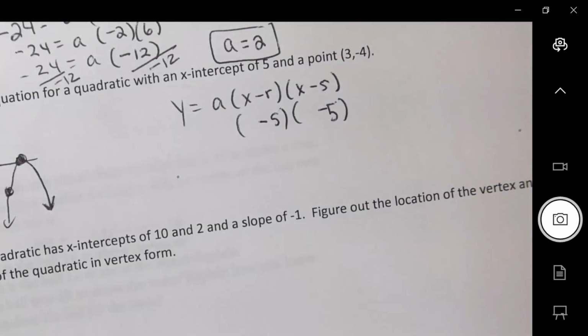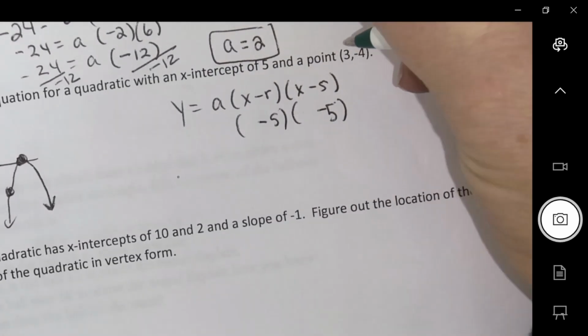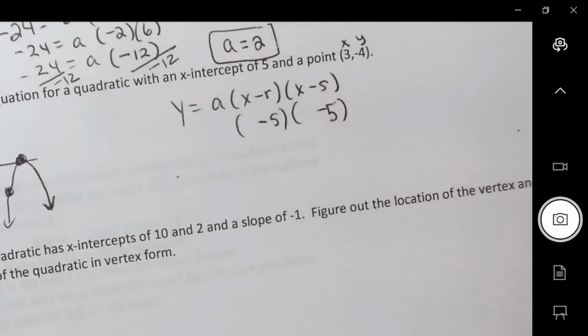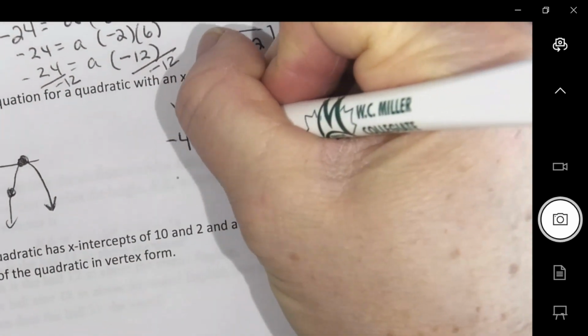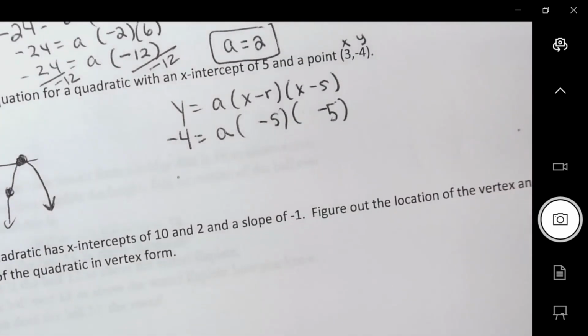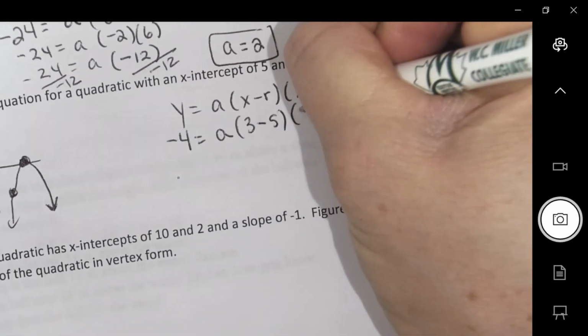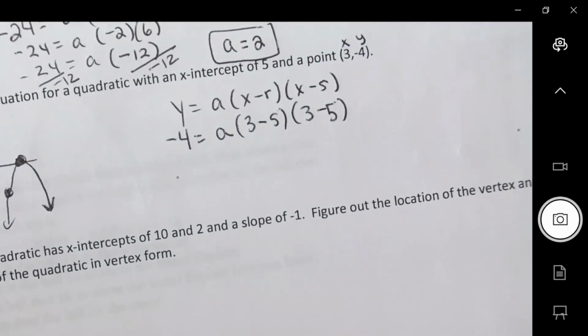So there's the 5, the intercept. And the point is an x and a y. So I'm going to replace y with -4. And I'm going to replace x with the 3.